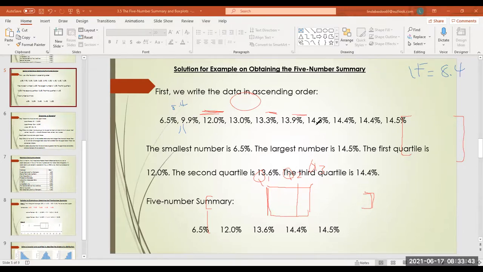All these are larger than 8.4, but which one is the smallest? The smallest will be 9.9. So that step says draw a line from Q1 to 9.9. We got 9.9 because it is the smallest of all the data values that are larger than 8.4.